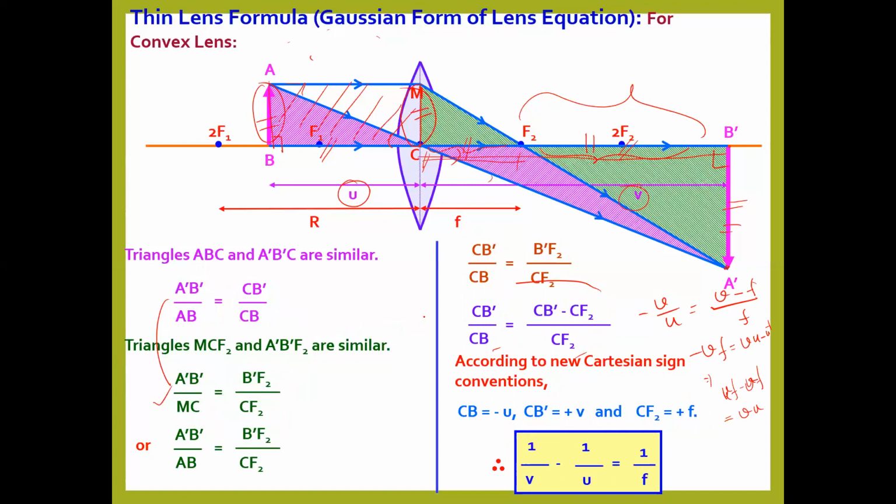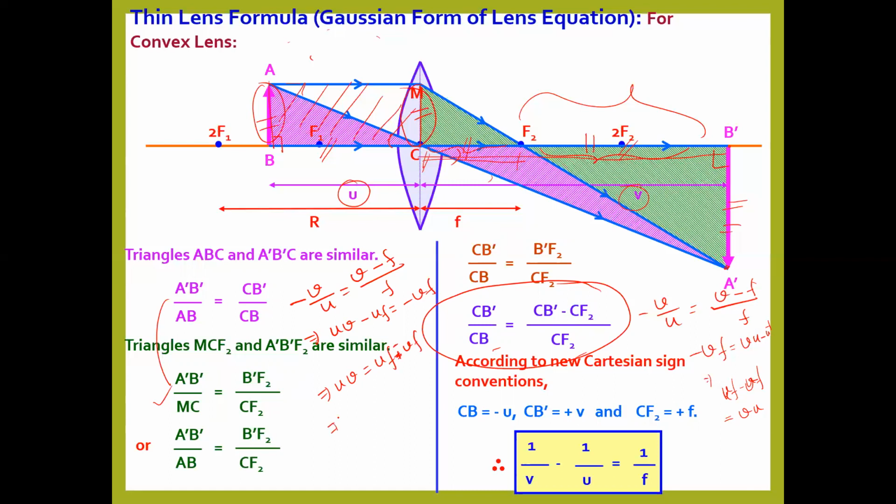So what we are getting from that equation is minus V divided by U equals V minus F by F. So UV minus UF equals minus VF. So UV equals UF minus VF.